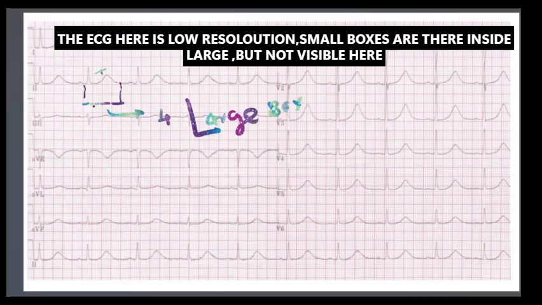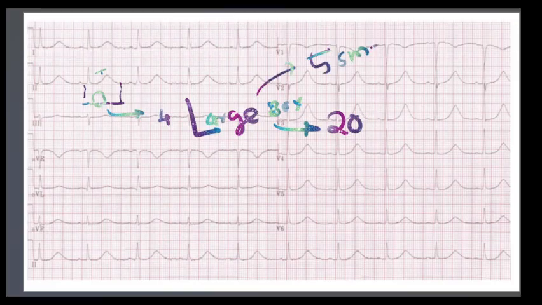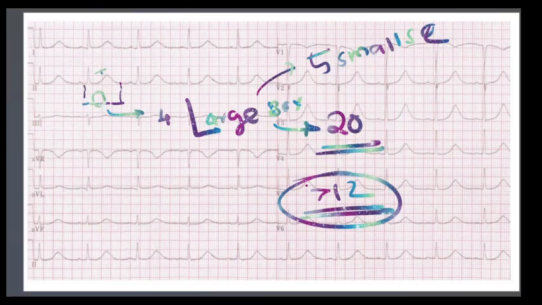See, inside these boxes, each of them has small boxes. So for large boxes, 4 means 20. One large box has 5 small squares. So 20 small squares, definitely more than 12. So again, it's prolonged QT interval.